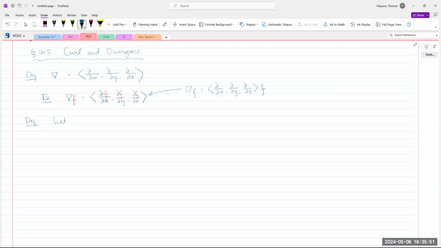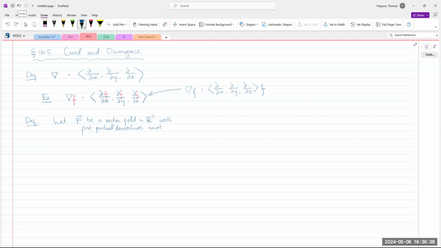Let capital F be a vector field in 3 dimensions with first partial derivatives.